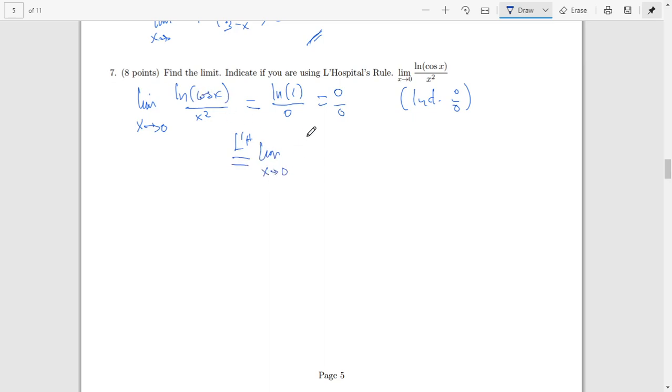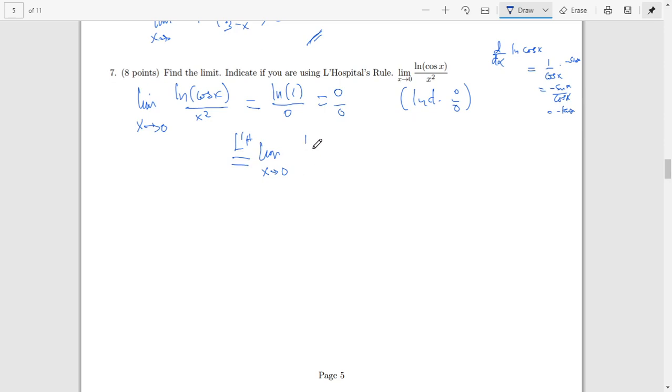If I apply L'Hopital's rule, I'll differentiate natural log of cos x. In fact, let me do that. d/dx of ln of cos x will be equal to 1 over cos x times negative sine x, which is negative sine x all over cos x, which is equal to negative tan x.